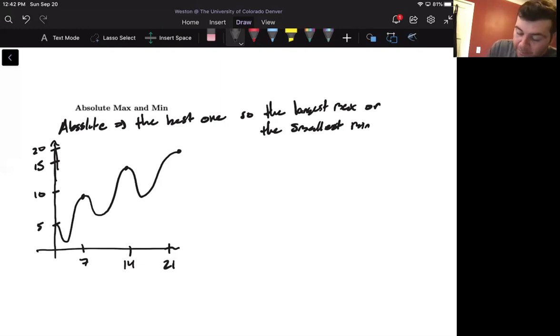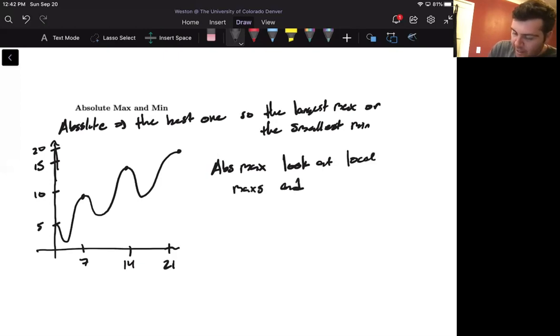So for the absolute max, we look at our local maxes and our endpoints. The endpoints are important, where if our graph ends, then that can be a local max, that can be an absolute max as well.